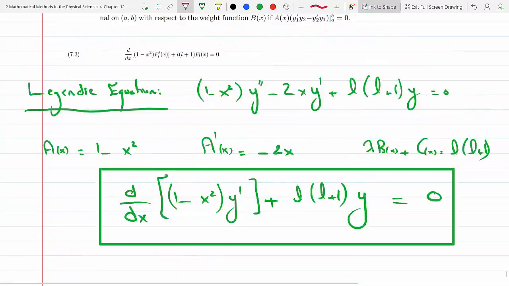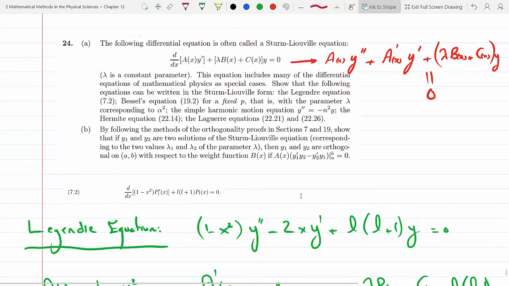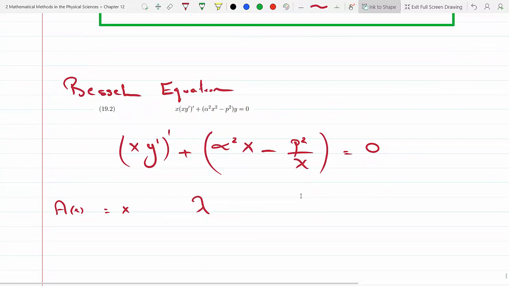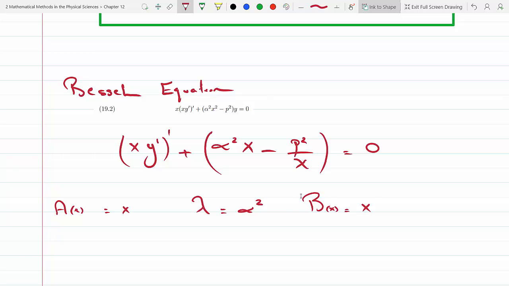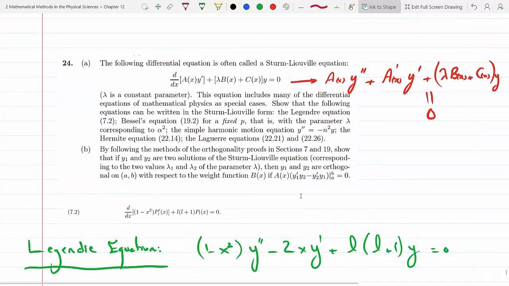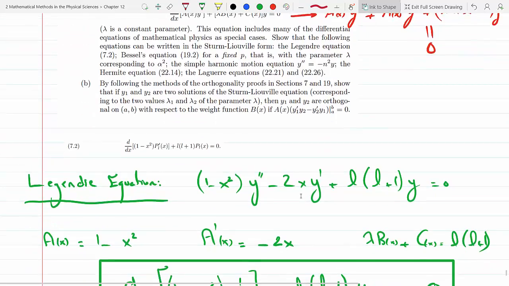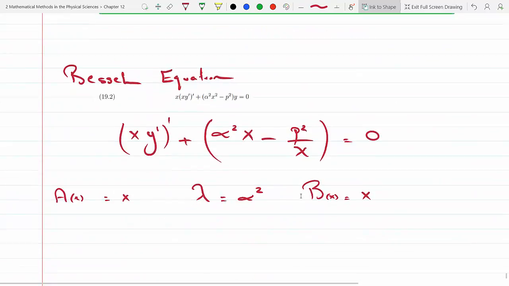Lambda, which is what multiplies b(x), is alpha squared, with b(x) being x, and then c(x) is minus p squared over x.